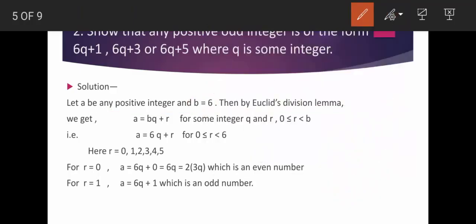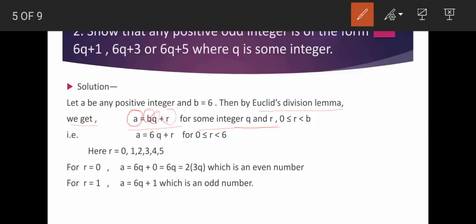Now that is what is said here. By Euclid's division lemma we get a is equal to bq plus r, where there exist integers q and r such that 0 less than or equal to r less than b. Actually a is the dividend here, b is the divisor, q is the quotient while r is the remainder.